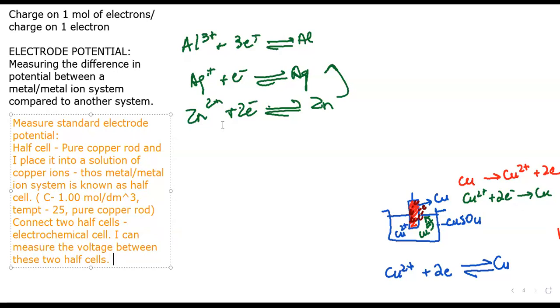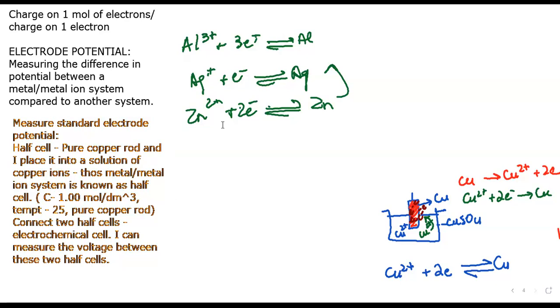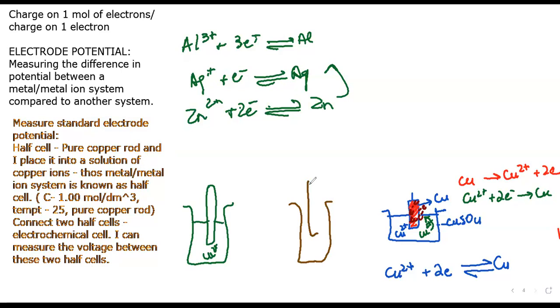If I draw this for you, let's say this is one half cell where I have copper and a solution of copper ions. And this is another half cell where I have zinc and a solution of zinc ions. So I can connect the metal rods to a high resistance voltmeter.